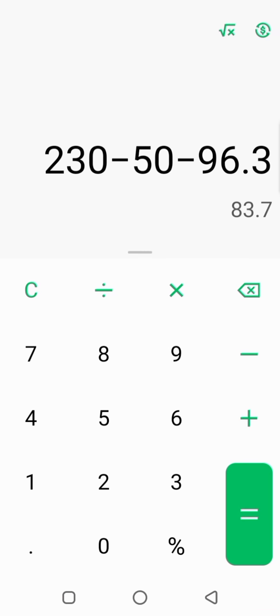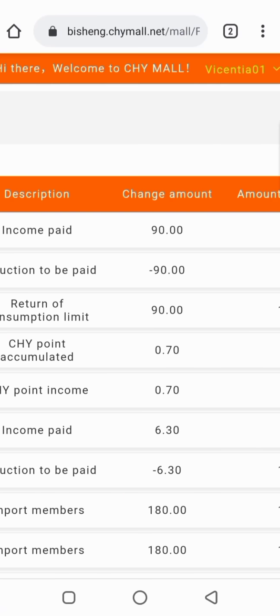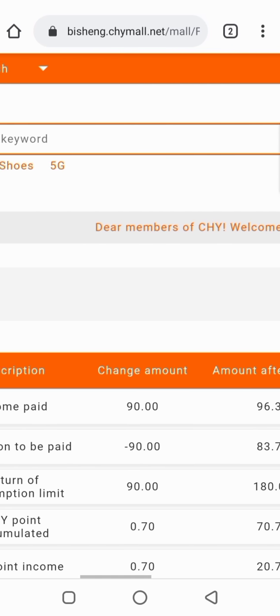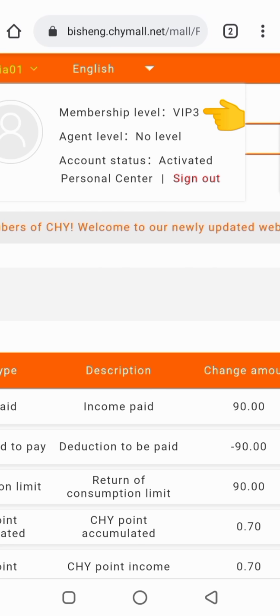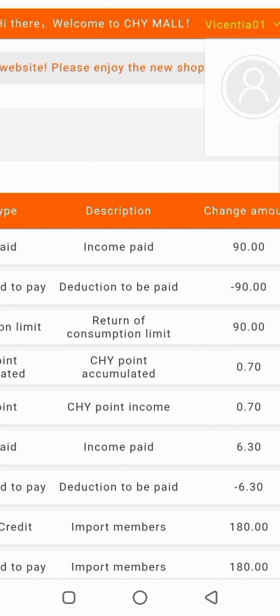Now I'm currently on VIP3. I've not traded yet, but I will be trading. Sorry about that, this was previously VIP2, and now I'm on VIP3. So when I trade now, I'm going to be on a VIP3 package, earning a VIP3 profit. That's the $14.